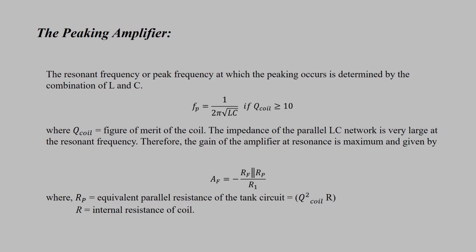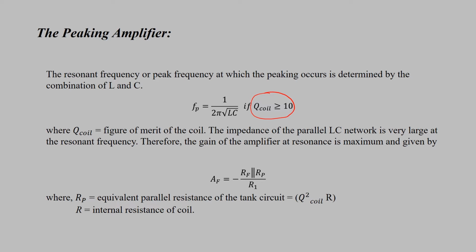The resonant frequency or the peak frequency at which the peak occurs is determined by the combination of inductance and capacitance, and it can be written as Fp, that is the peak frequency, as 1 over 2 pi root LC. This will be the case if the Q of the coil is greater than or equal to 10, where Q is the quality factor or figure of merit of the coil.